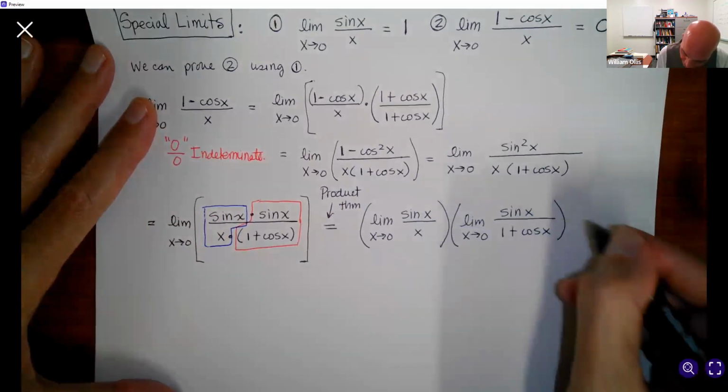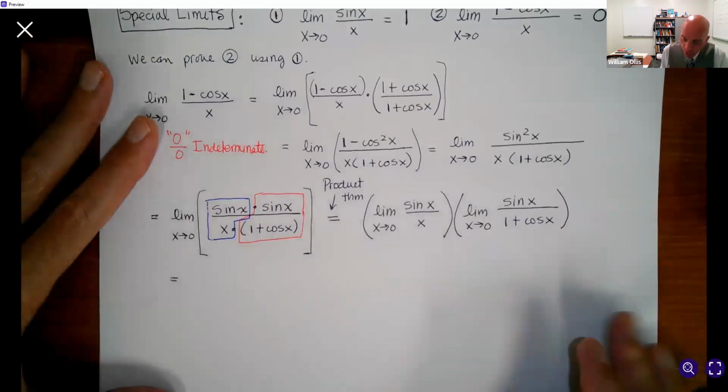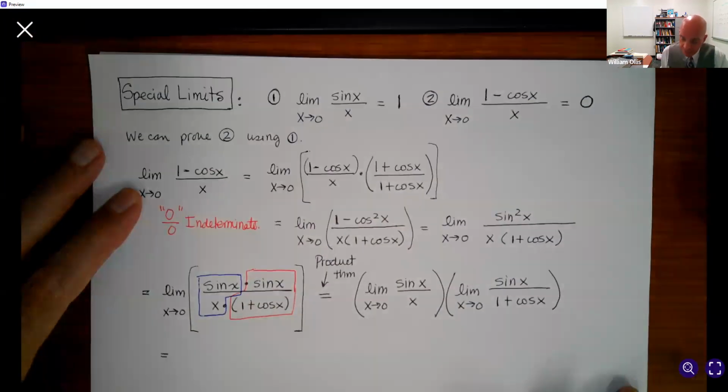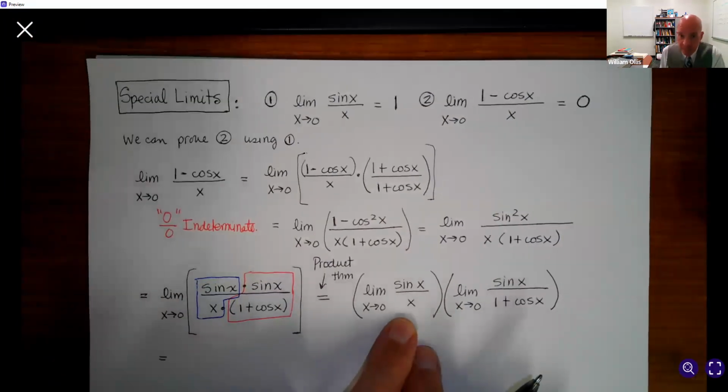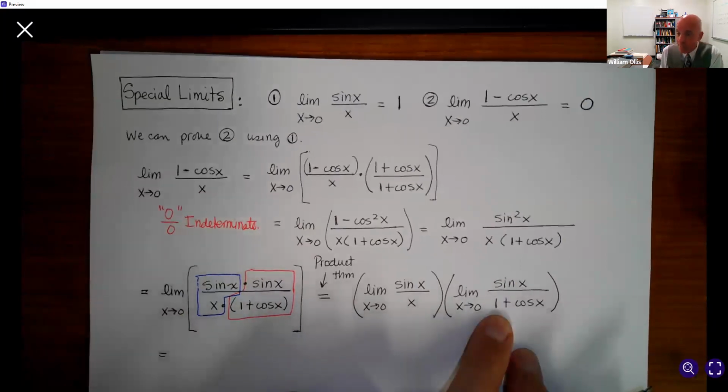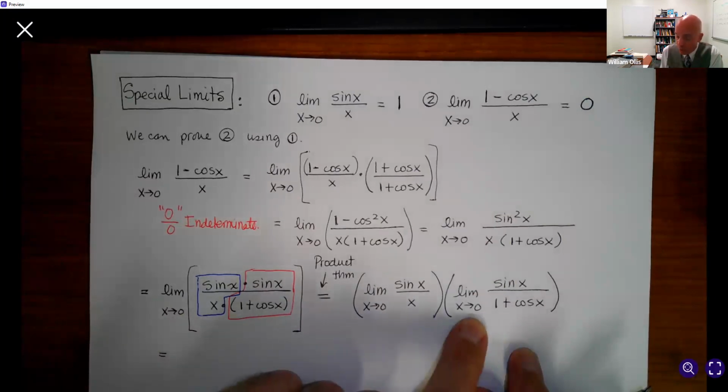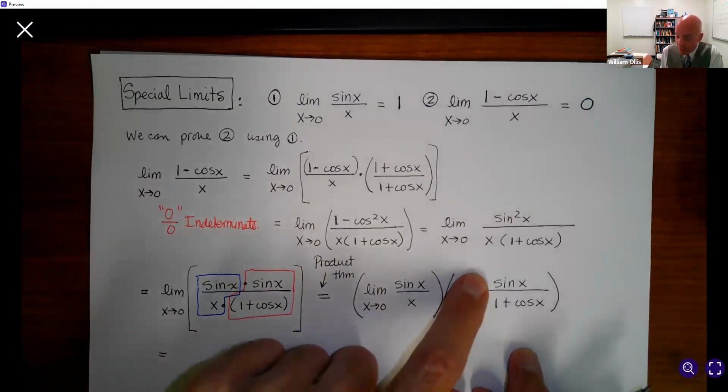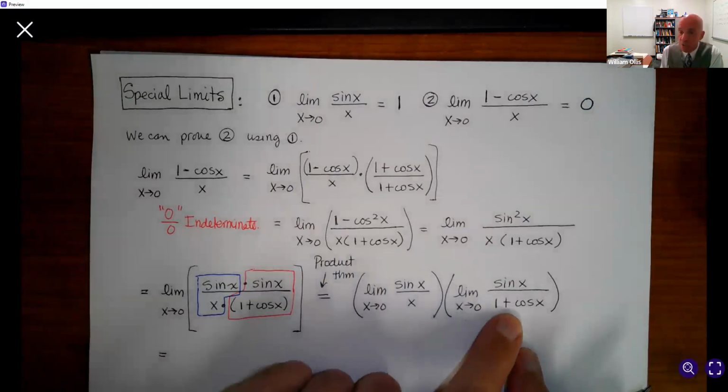Now, we're at the same point as we were before, but notice we know this limit exists, and we know this limit exists by direct substitution. You could do the quotient rule, or you can just substitute 0, and you get sine of 0 divided by 1 plus cosine of 0, which is well defined.